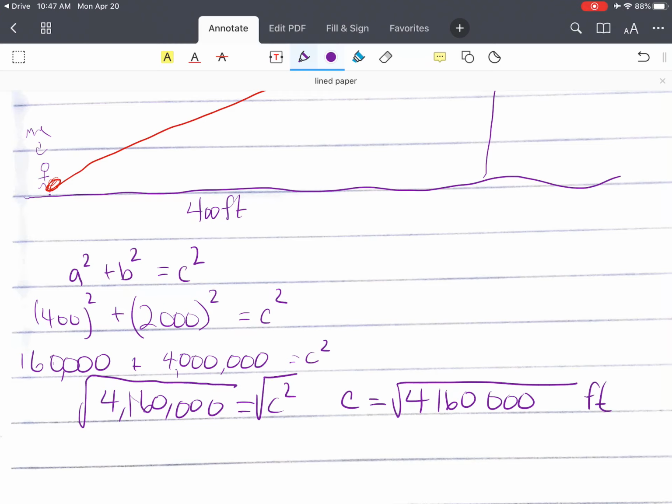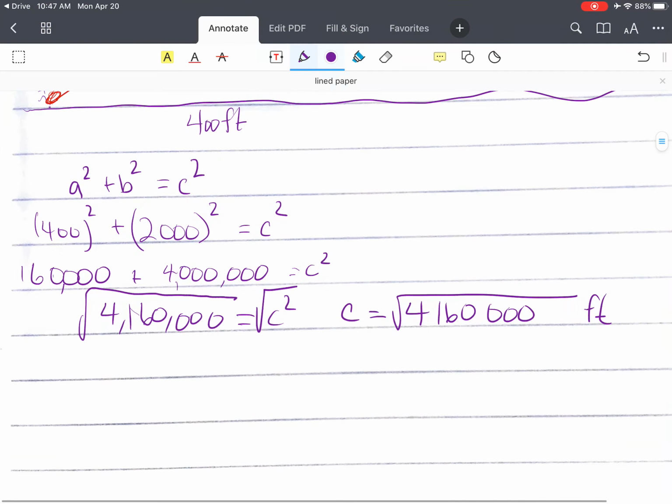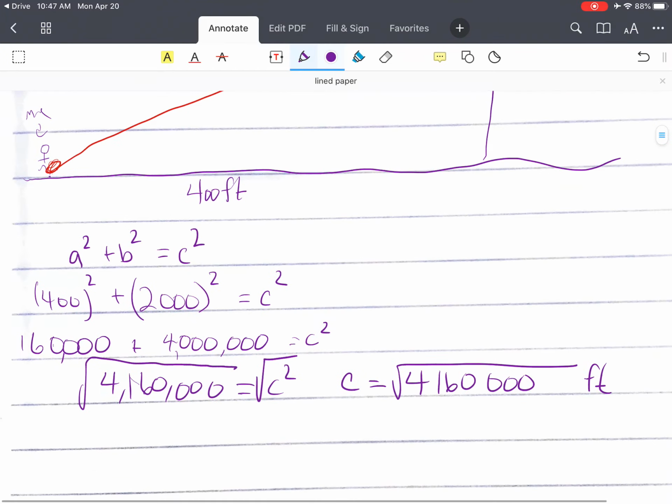Now, if you have a calculator, please figure out what that is, because I don't have a calculator on me. But I can tell you this, it's going to be more than 2,000 feet, because 2,000 times 2,000 is 4 million, and this is 4,160,000. So it's going to be slightly more than 2,000 feet, okay?